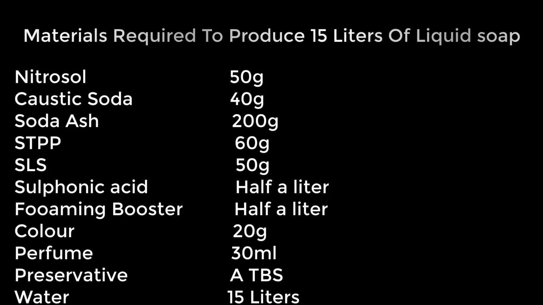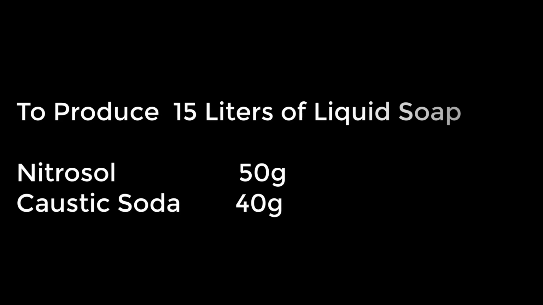Just like I said earlier, in this preparation, we're going to be preparing about 15 liters of liquid soap. To produce 15 liters, we need all these items in the quantities I've stipulated on the screen. For example, let me just pick two of the ingredients, nitrosol and caustic soda.